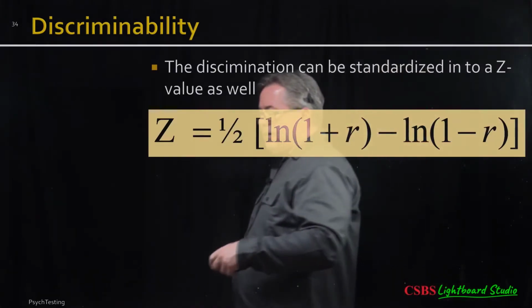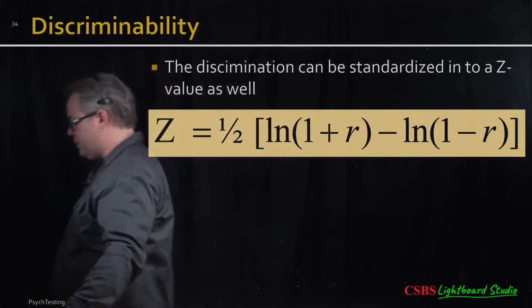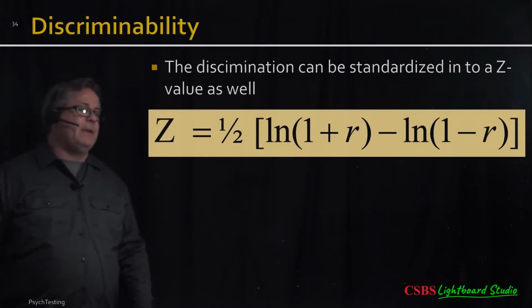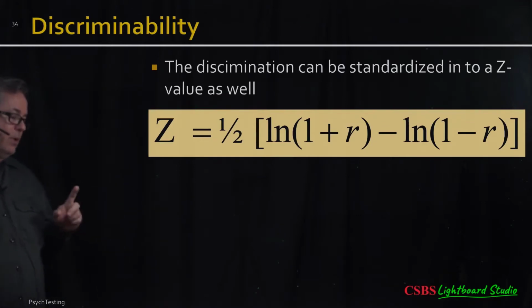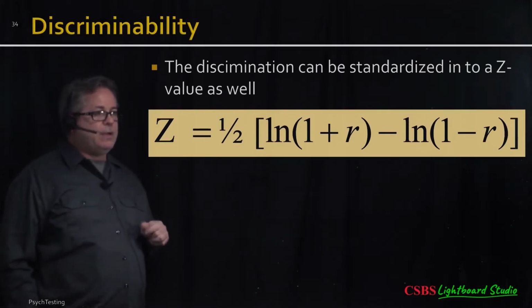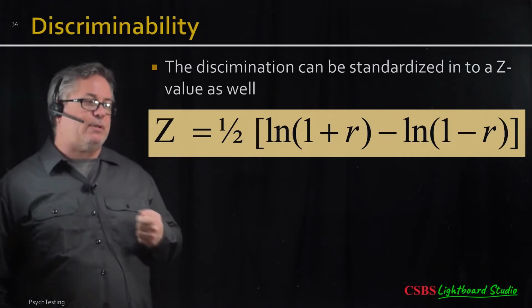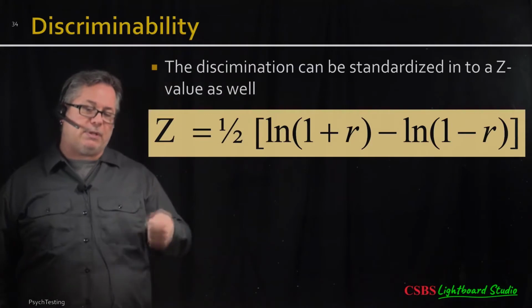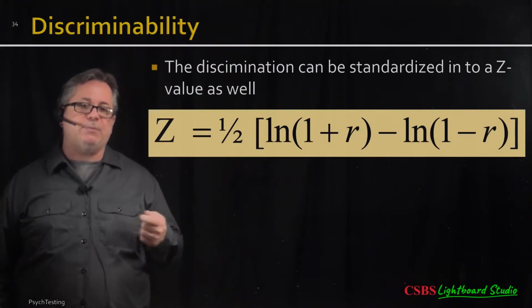So we talked a little bit about the z-score thing before with difficulty, and I think somebody asked me why we do that. And there was something I forgot. Oftentimes we want to use the information about the difficulty of the item and the discrimination of the item together. We want to look at them at the same time and make a decision about which items seem to be good.